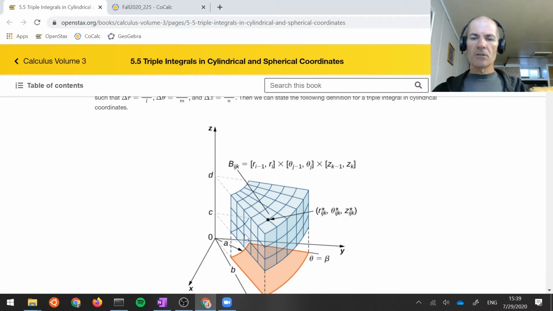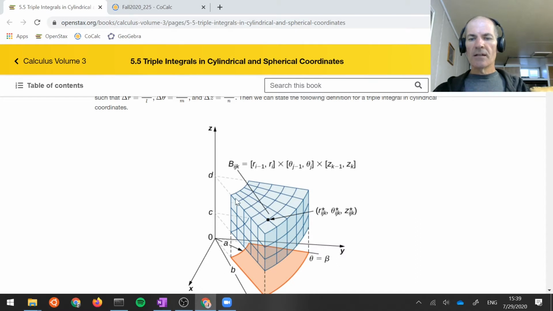But if you look closely, because of the nature of the polar coordinate system that's sitting down here in the XY plane, and that of course makes a big part of the cylindrical coordinate system, we see that the little cubes that we're summing up, the volume of those cubes depends on where you are, and in particular how far you are from the z-axis.